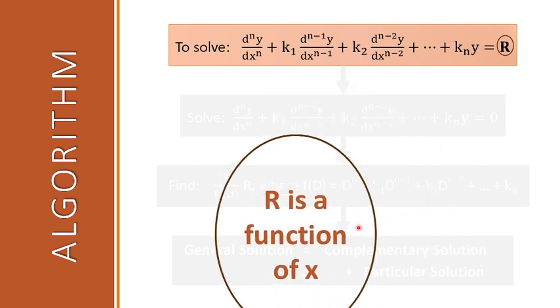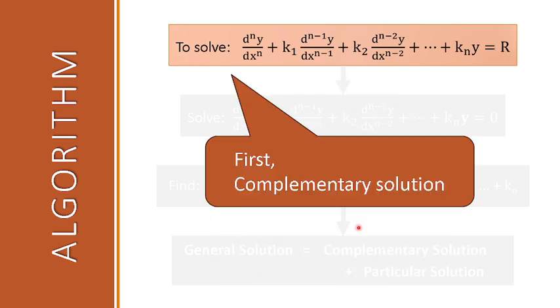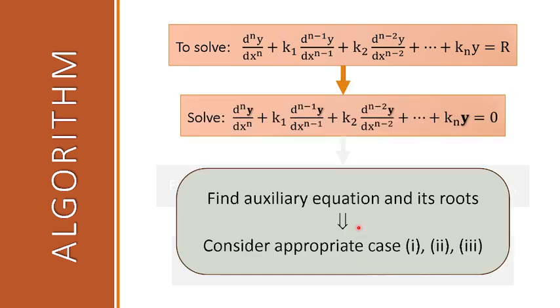Okay, the first step here is to find the complementary solution, which you might also call the complementary function. The method to do that is to write down the auxiliary equation of our given linear differential equation, the homogeneous part of it. Please note that we have written the right hand side as 0.